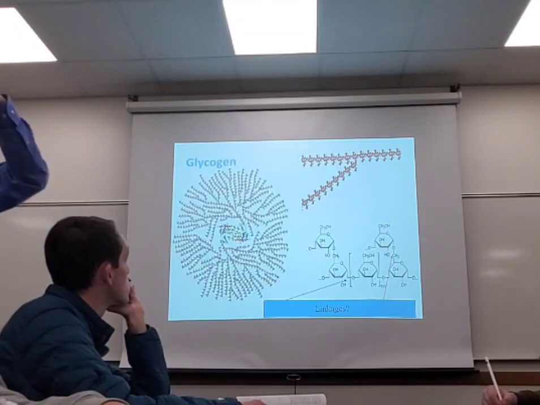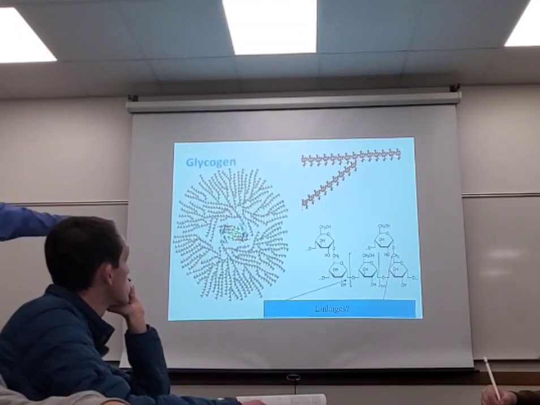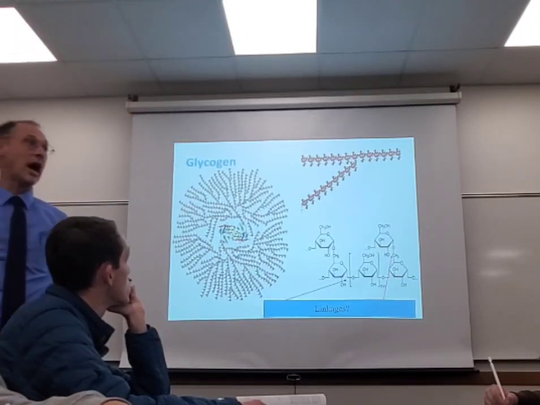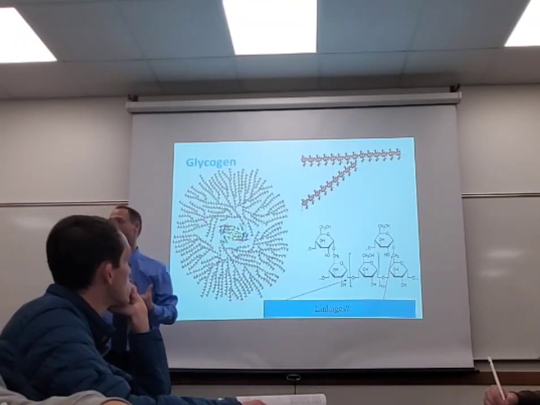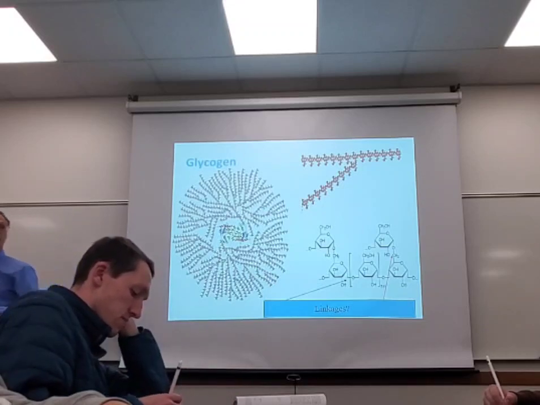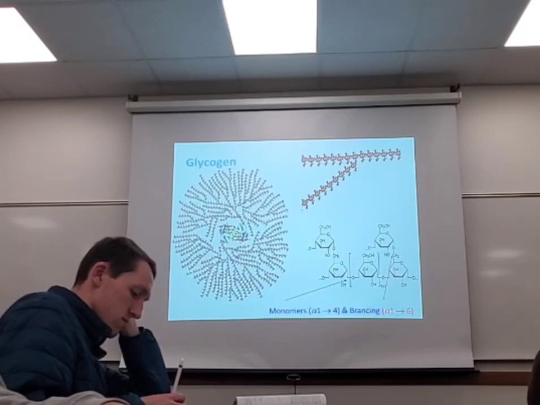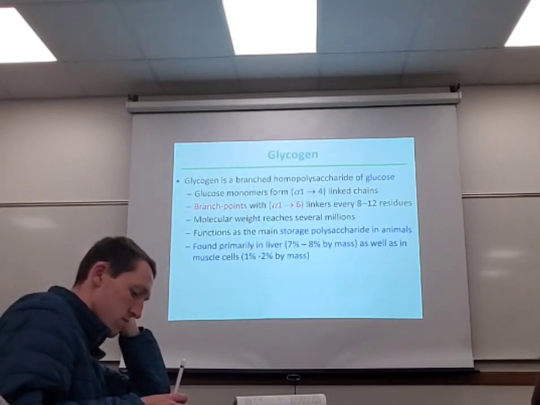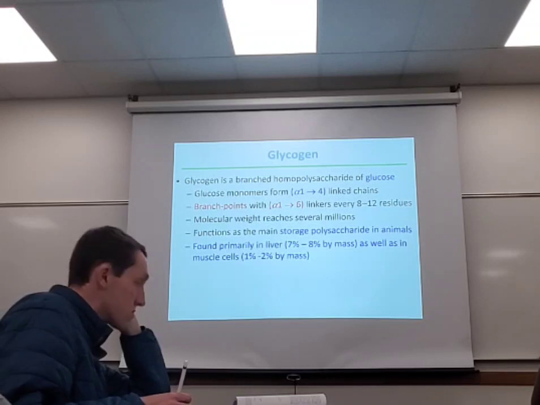Instead of doing it one sugar at a time in a linear chain that was super long, I've got literally hundreds of ends I can chew on, which means I can break down the sugar very, very fast and release a whole bunch of single monomers that I can then do something with.